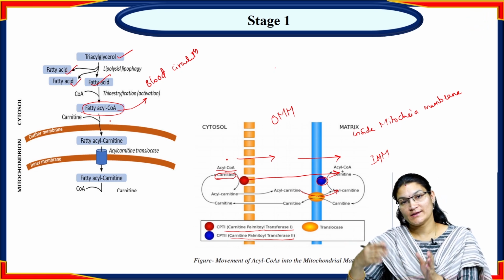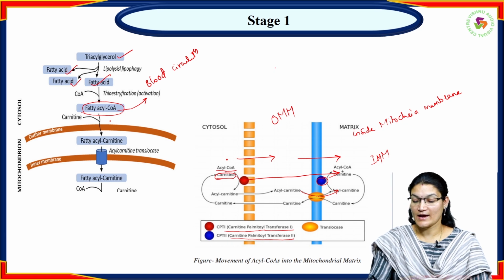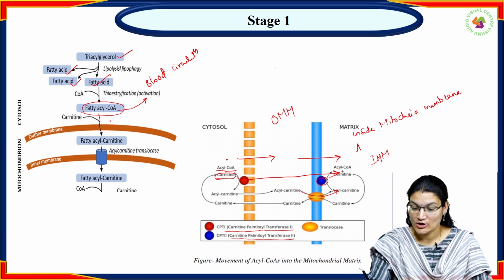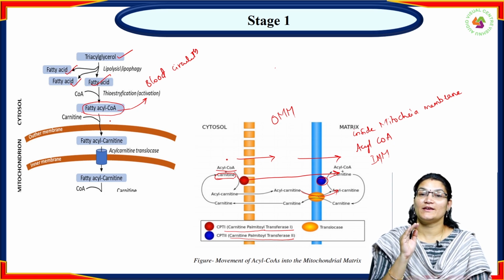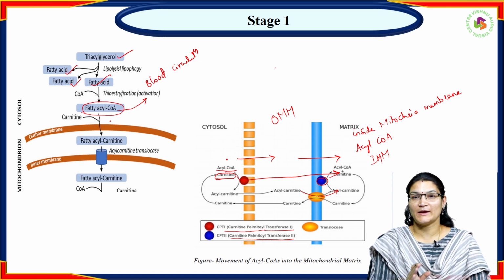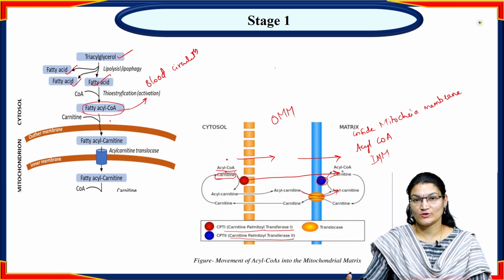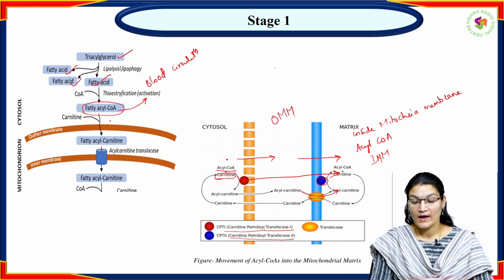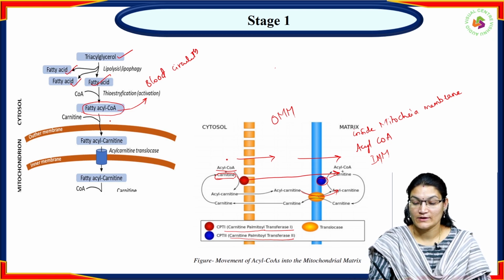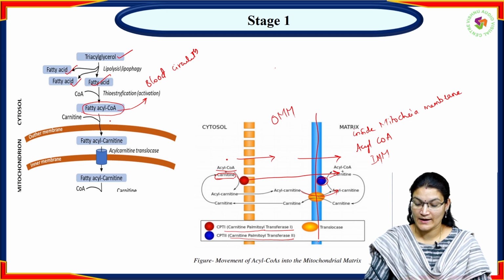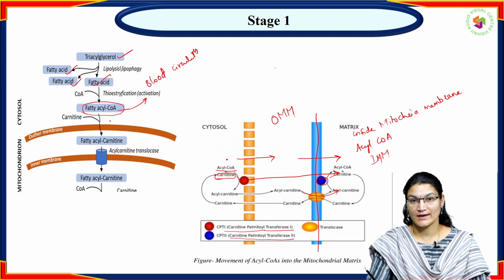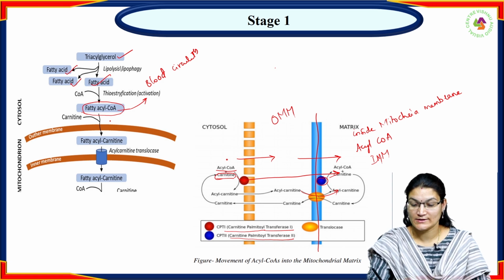After entering inside the mitochondrial membrane, it has to convert again into acyl coenzyme A, because acyl coenzyme A is the only molecule which can be metabolized and converted into acetyl coenzyme A. So again inside the mitochondrial membrane, it gets converted to acyl coenzyme A. As I mentioned, this inside membrane stops the entry of acyl coenzyme A, and we call this the carnitine shuttle.